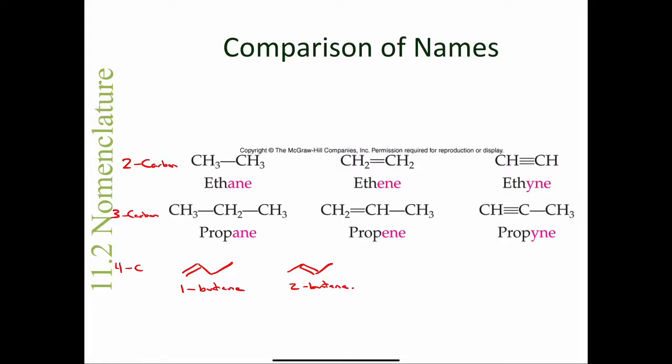The same thing also would apply to an alkyne. So if I had a 4-carbon alkyne where the triple bond starts on the first carbon, this would be 1-butyne. And if I had an alkyne where the triple bond starts on the second carbon like this, this would be 2-butyne.